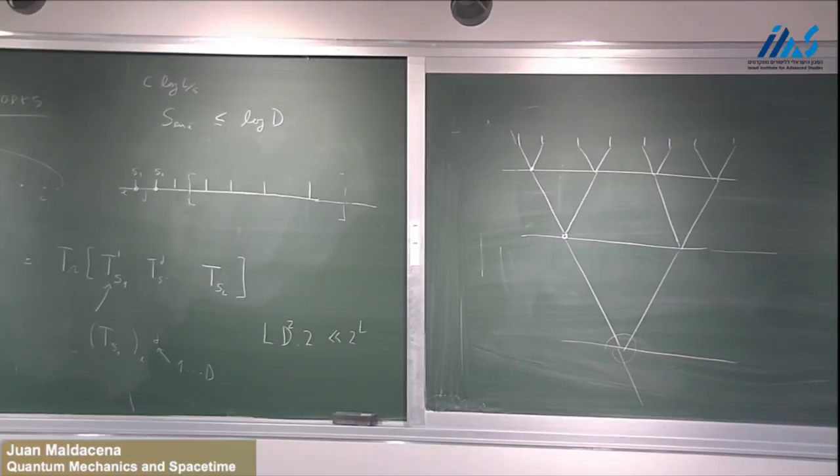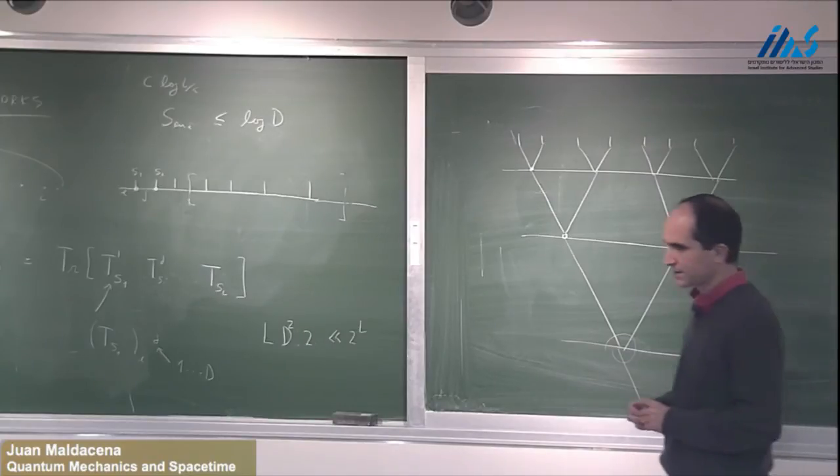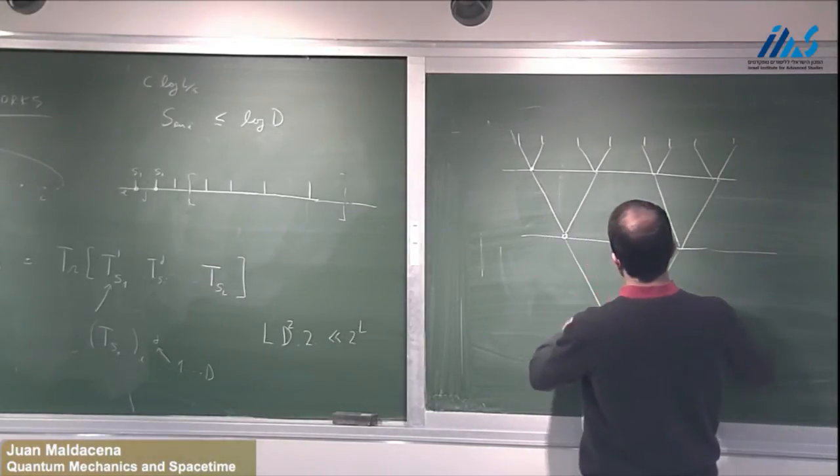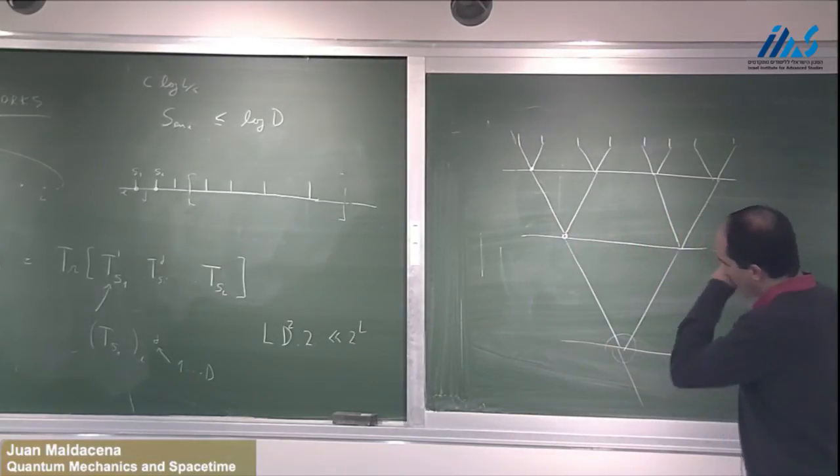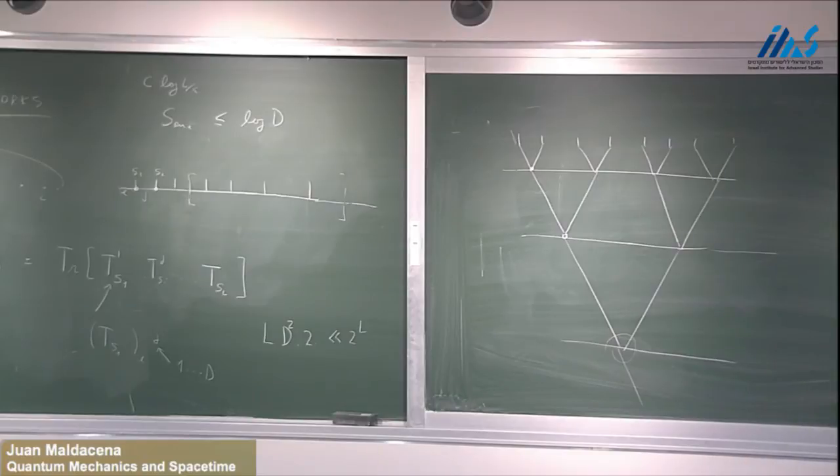Now, I'm going to make a side comment, which is that when you go and actually look at the papers, they really like to construct these tensor networks in such a way that they can be viewed as a unitary transformation from a system of decoupled spins to the final ground state.